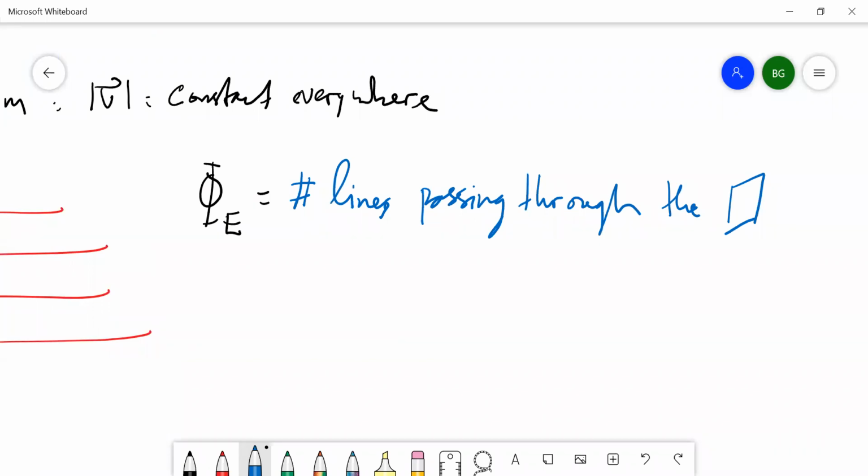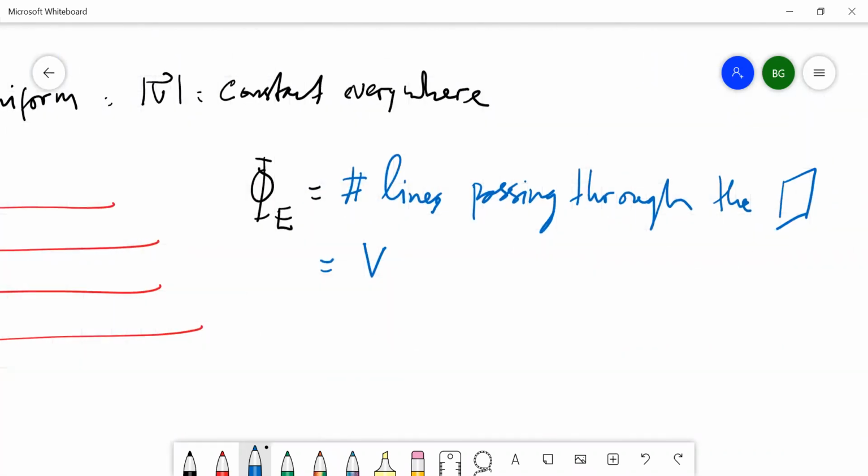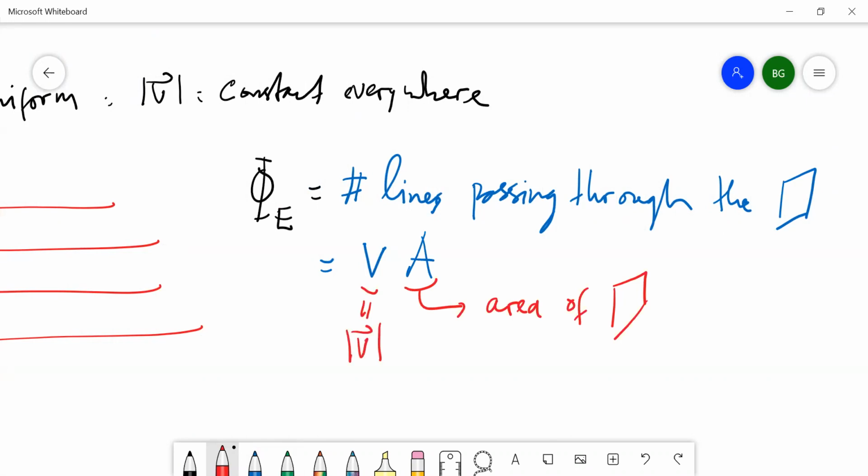This number is equal to V, the magnitude, times the area of the rectangle. So this is the area of the rectangle, and this is equal to the magnitude of the vector.